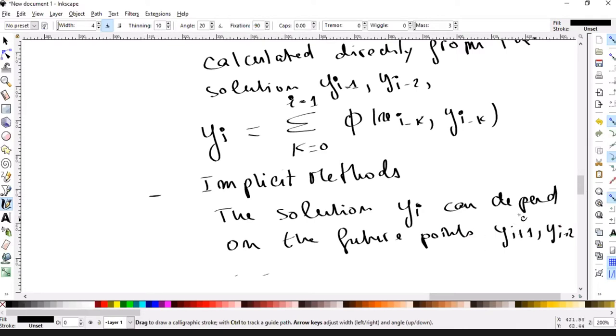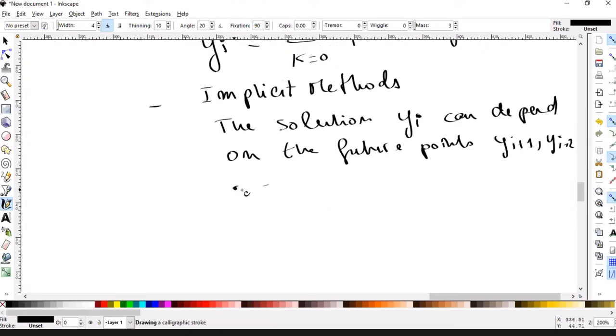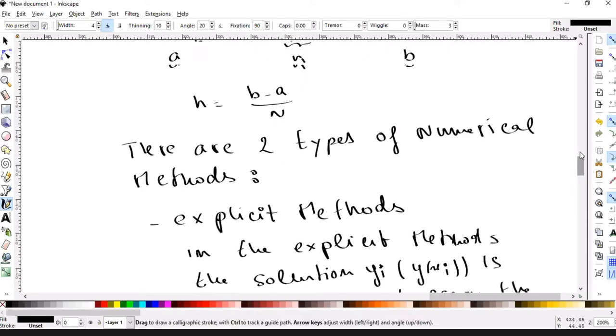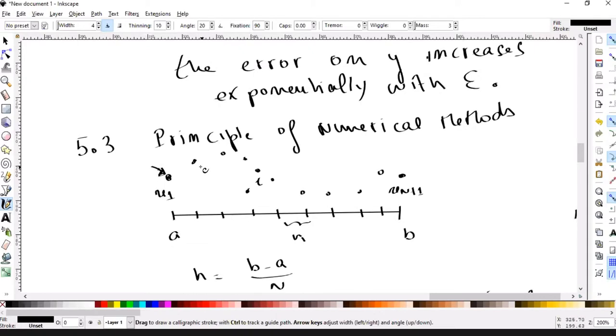We don't have these points. So here we cannot apply just a direct method, because if you want to calculate, for example, we have this point, we want to calculate this point, and in the implicit method, this point depends upon this point and this point, but this one we don't have, we didn't calculate it yet.